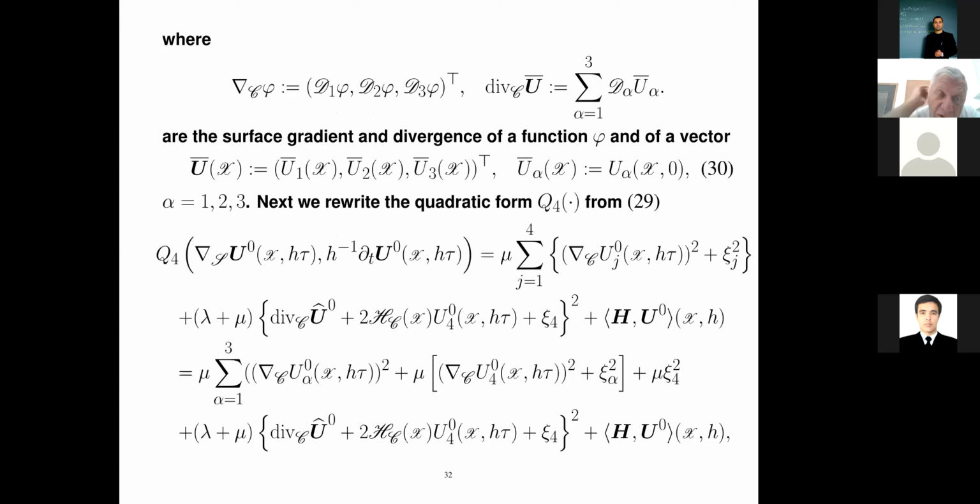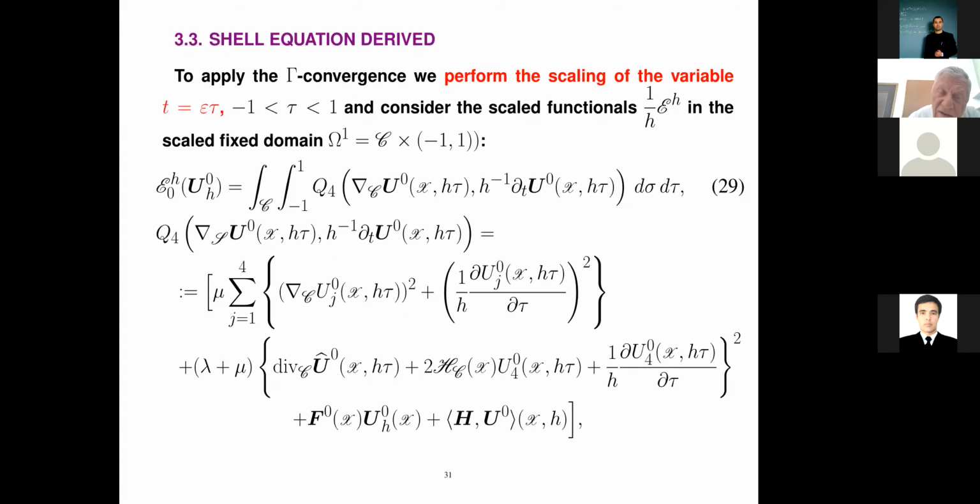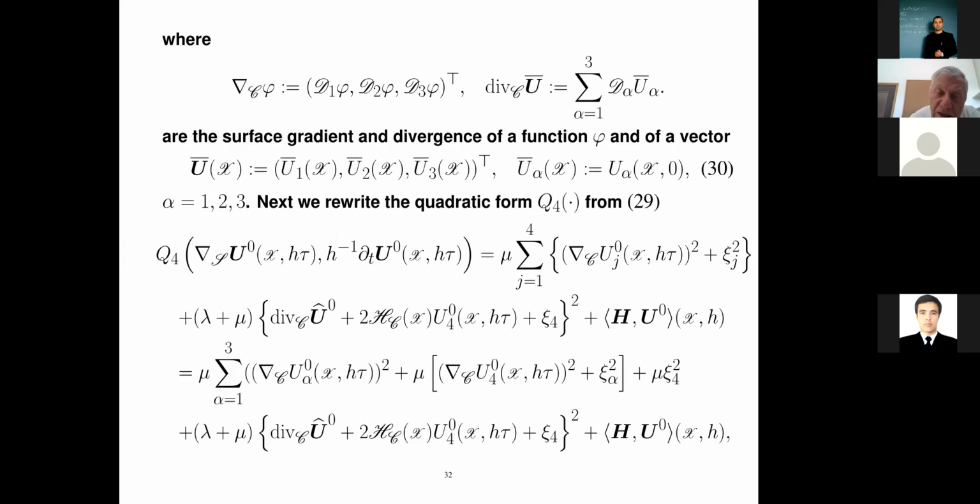Here it's again explained what is the gradient and divergence, and because they are used here, everything is written in terms of surface gradients and surface divergence. And the vectors, we rewrite them. Instead of 3 vectors, we have 4 vectors.